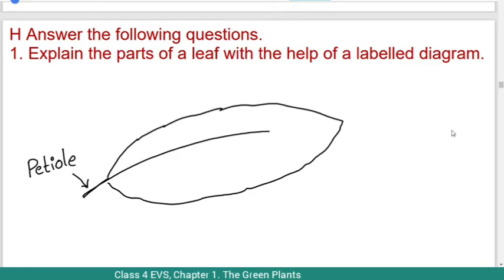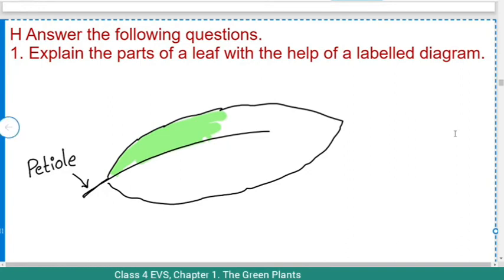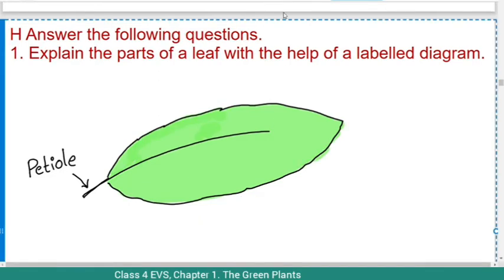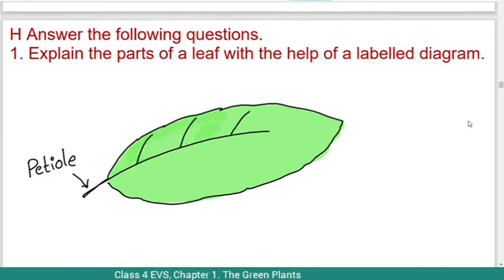This is a petiole and I will color it with green color. These are veins.